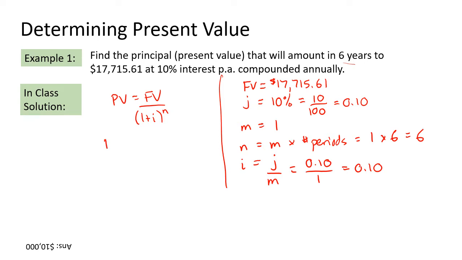So our present value is equal to our future value, $17,715.61, divided by 1 plus 0.10, because that's our term I, raised to the exponent 6. If you calculate that out, you get a present value of $10,000.